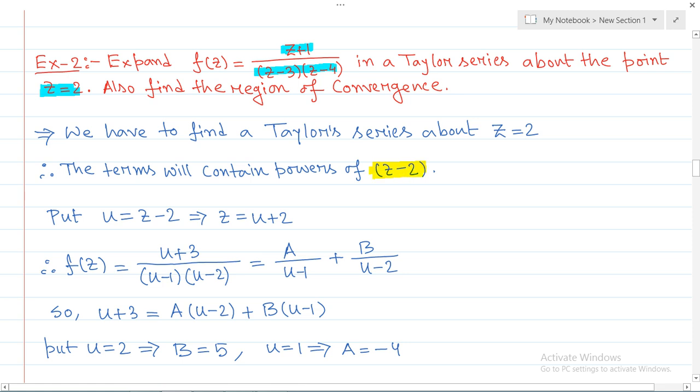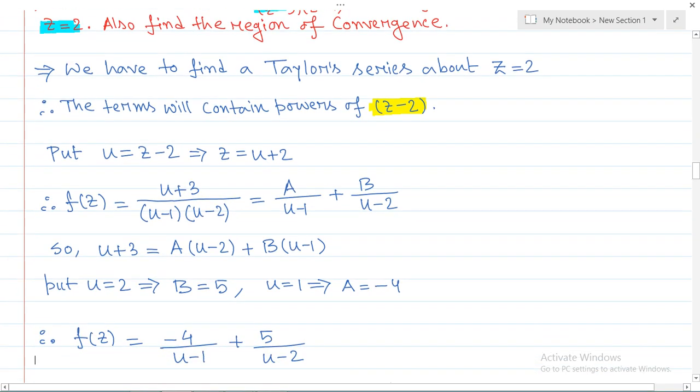We take 2 on the left hand side, so it will come z minus 2. So we will put a substitution, that is u equals z minus 2. So what is the value of z? Z is going to be u plus 2.